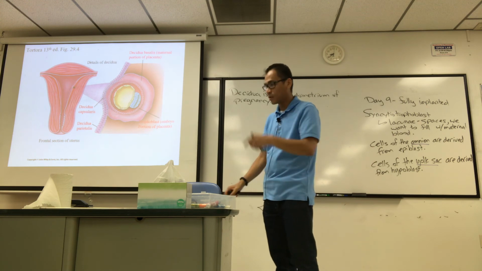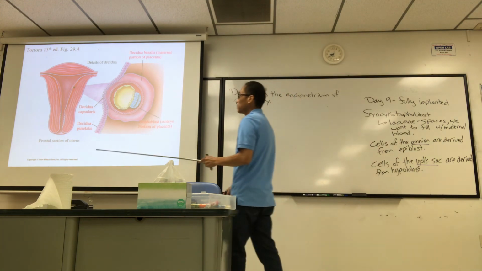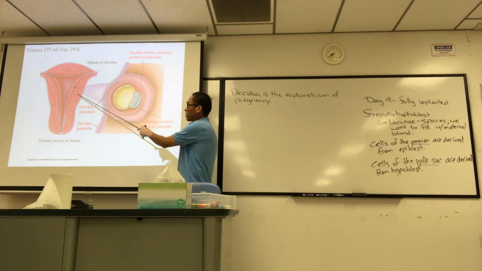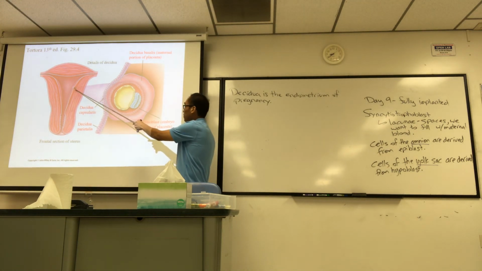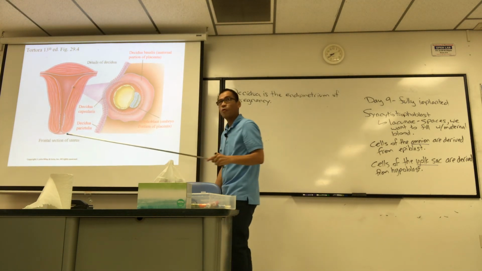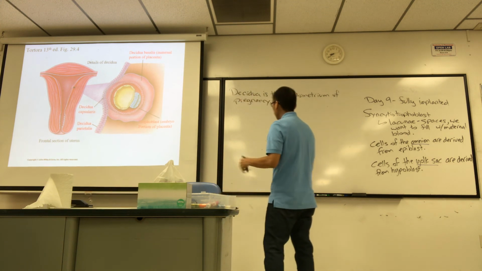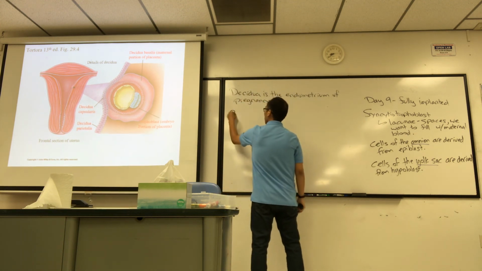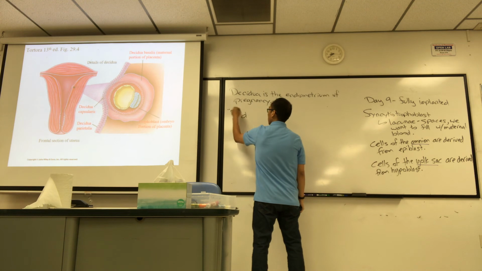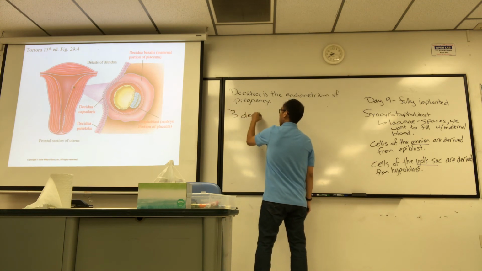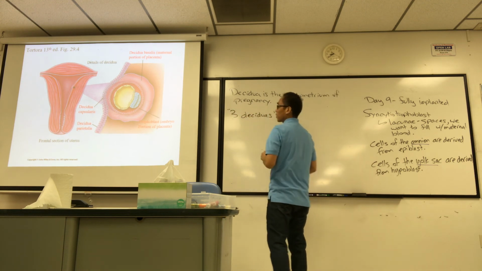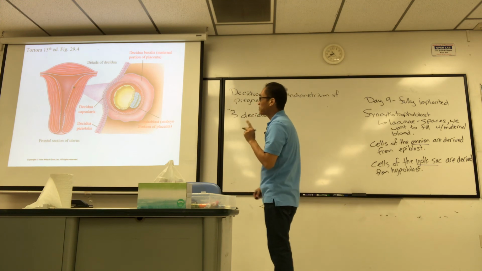But right now, look what you are. You're just like a little speck of sand inside there, right? But we can define what are called the three deciduas in the endometrium. One is decidua capsularis.